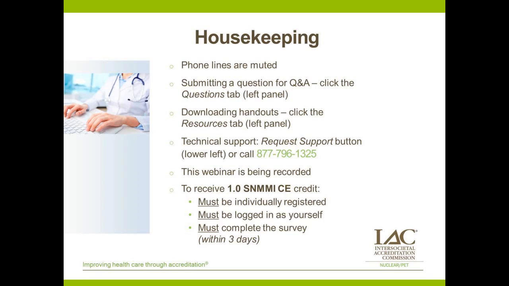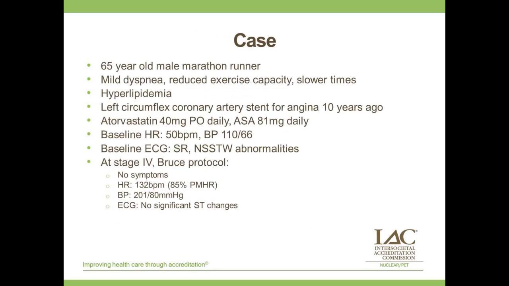It's a pleasure to be here with all of you today to talk about what I think is a very important subject. Let's just start the discussion with a case. This is a case of a 65-year-old male marathon runner, and he's developed some mild dyspnea, reduced exercise capacity, and he's noticed that when he's running, his times have slowed down.